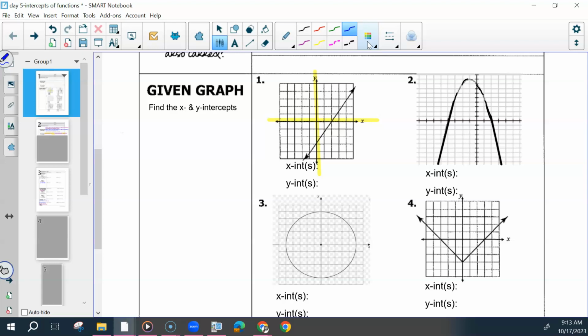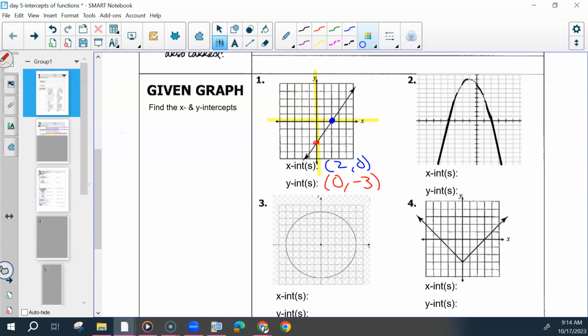At positive 2. So I would write that as an ordered pair, 2, 0. Where does that line cross the y-axis? Negative 3. So I would put that as an ordered pair, 0, negative 3. So that's all we have to do for this part.